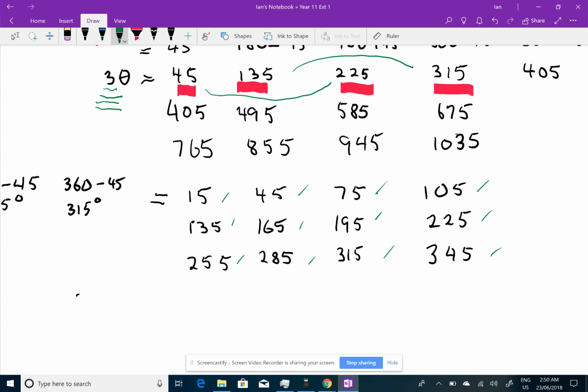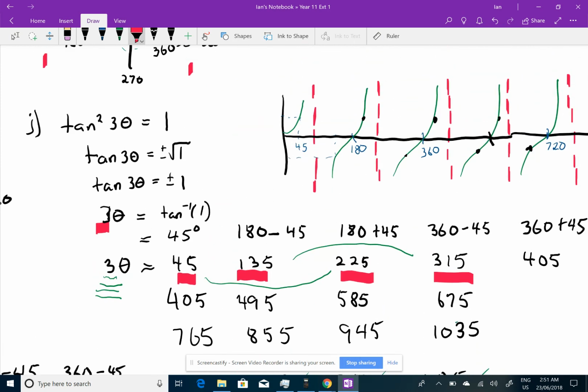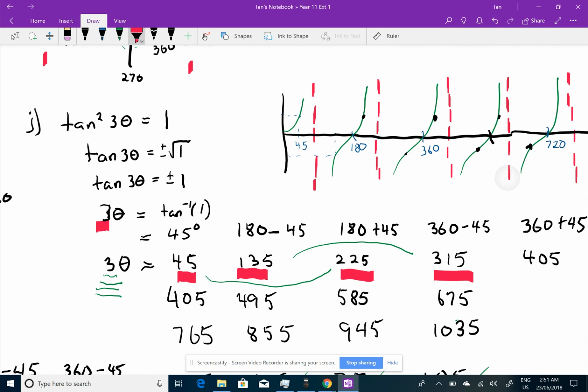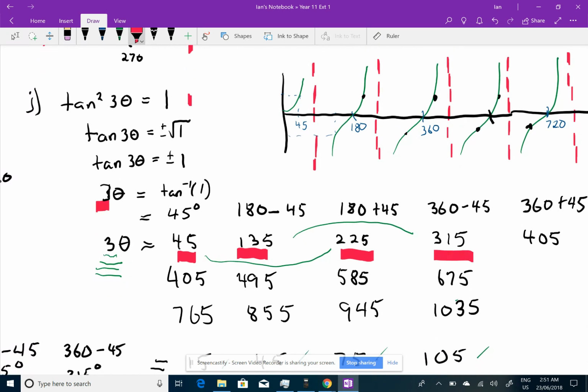That was really hard. But let's double check. Now, I'm not going to double check them all. So I'm just going to take one to double check. I'm going to take the 285, and I'm going to put it back into the original equation to make sure it works. Now, the original equation is there. Tan squared 3 times theta.